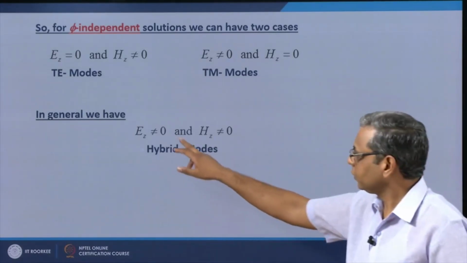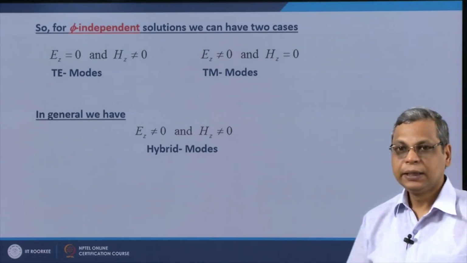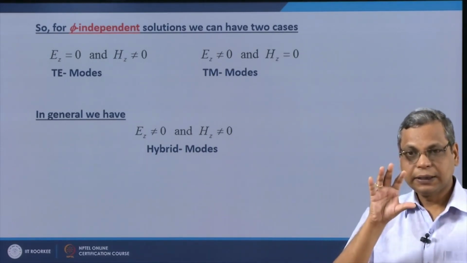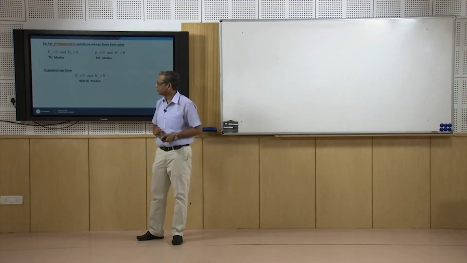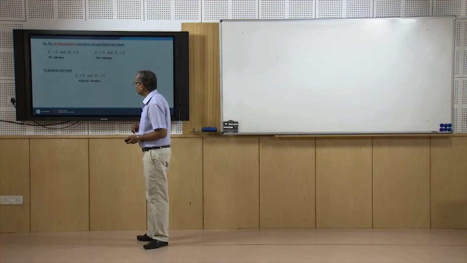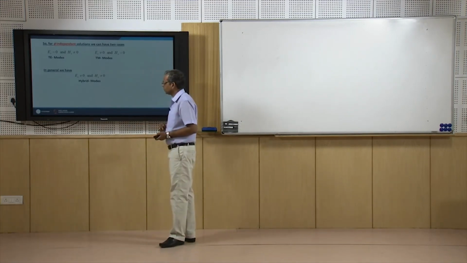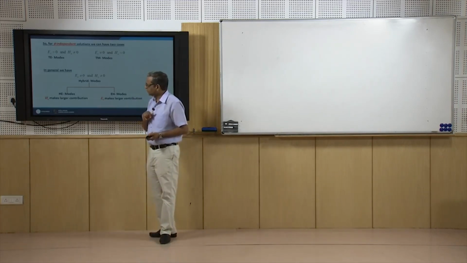It means in these kinds of modes two polarizations will be there, and they are called hybrid modes. In these hybrid modes there can be two instances.